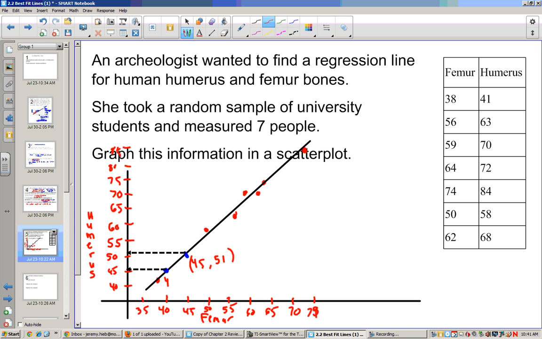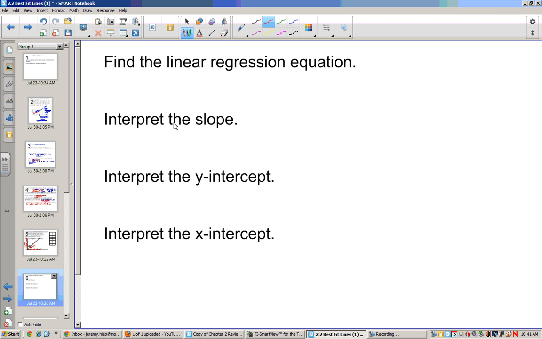And this one is 40, say 45. All right, so if I take those 2 points, 40, 45, 45, 51, and I want to find the regression equation between those 2 points, first I need to find the slope, 51 minus 45 over 45 minus 40. So that's going to be 6 over 5. That's our slope.